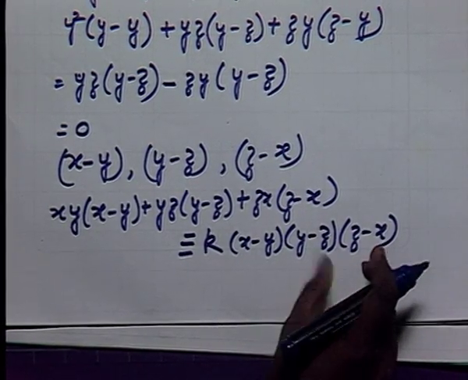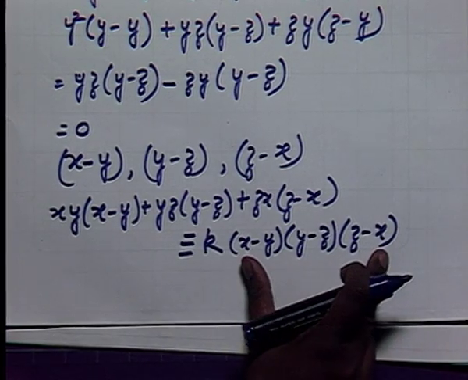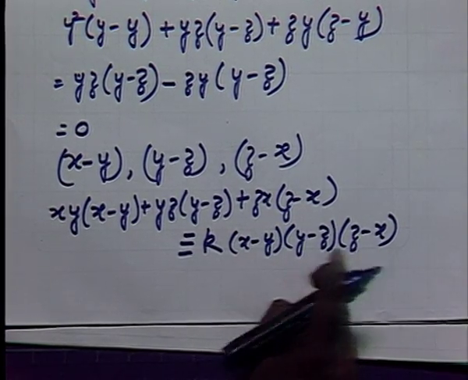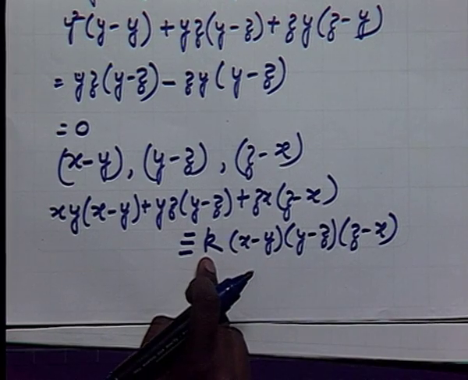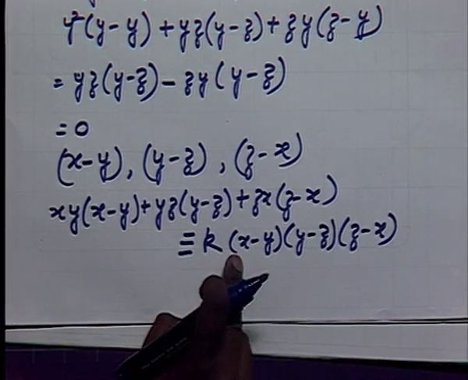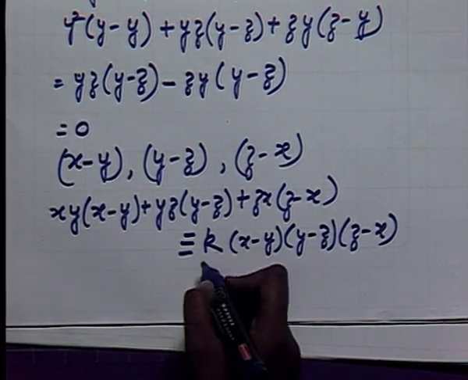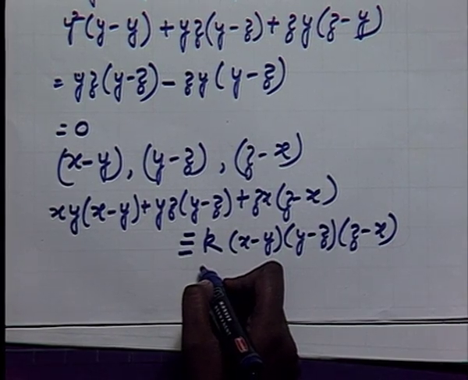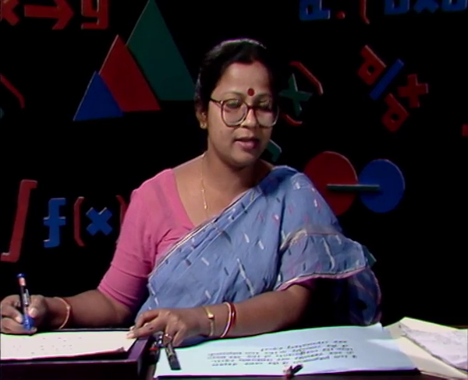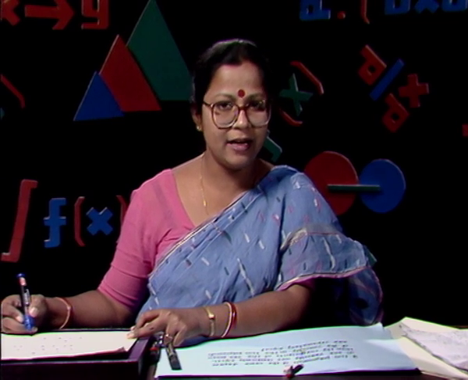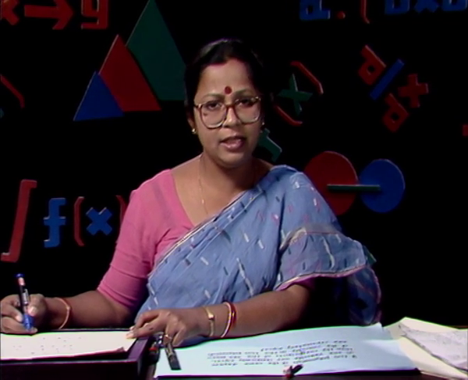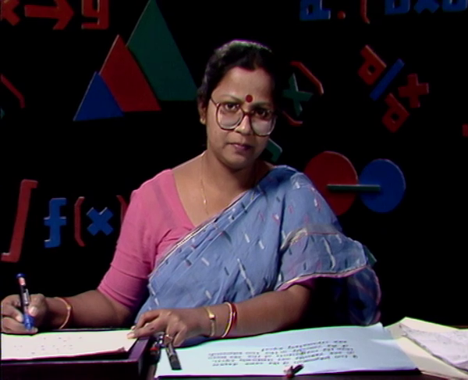Since the degree of this whole 3 terms is 3 now, because we have multiplied these 3 factors, therefore, k cannot be anything from x, y, z, it should be some constant. Now, how do we find the value of this constant k?